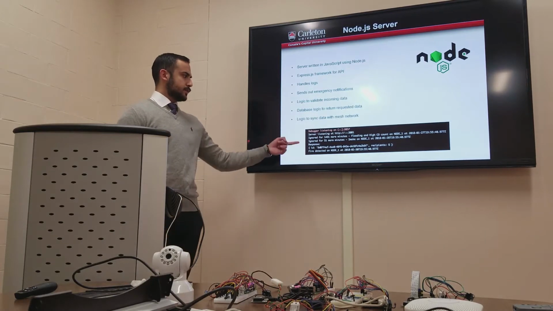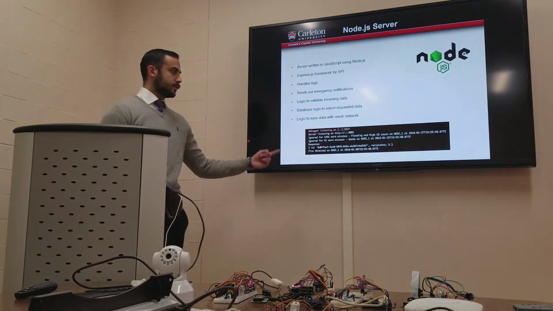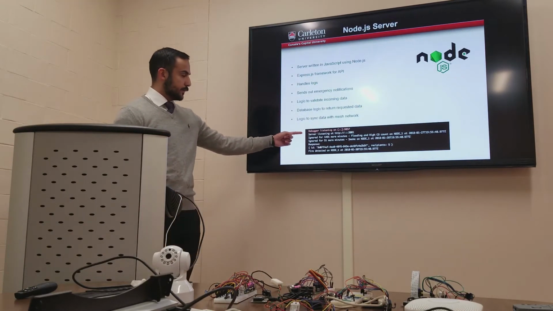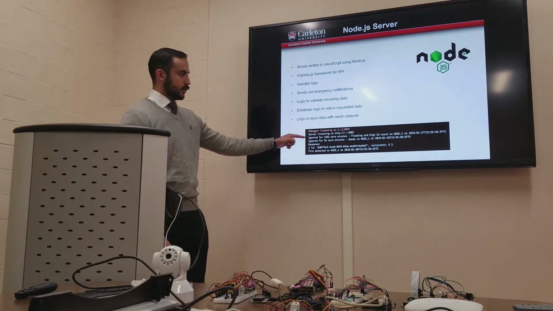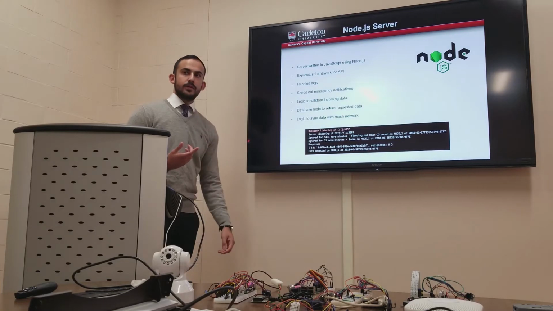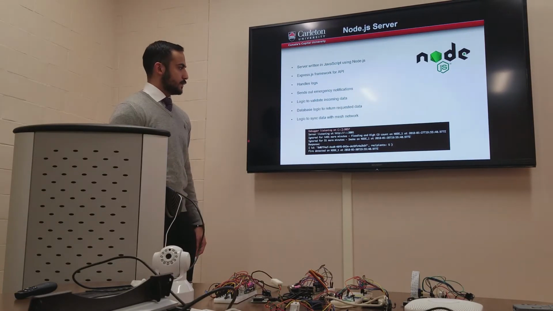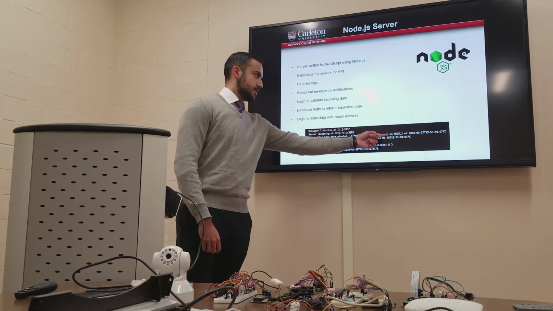So this is an example of the console logs of the server. The first two are test emergencies, and they are ignored. That's why they say ignored, because they're tests, and we do not want them to be forwarded to the mobile application. So the first one would be a flooding and high carbon monoxide count at this time on this node.